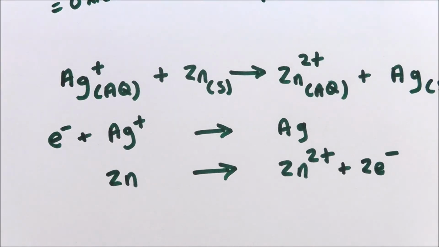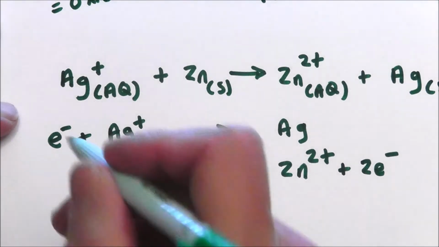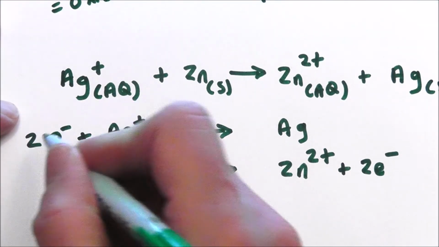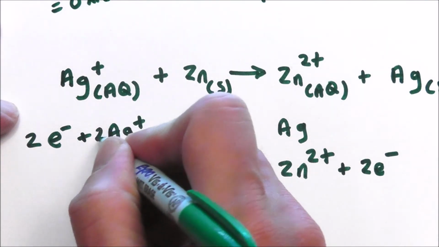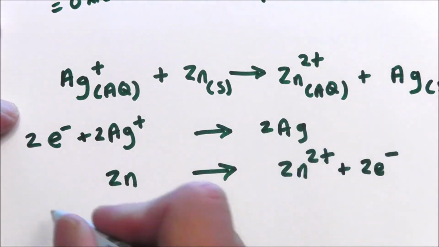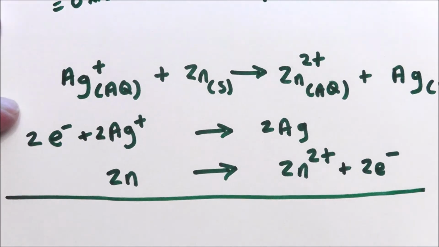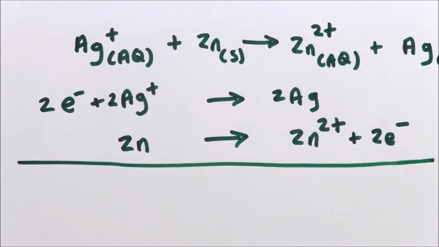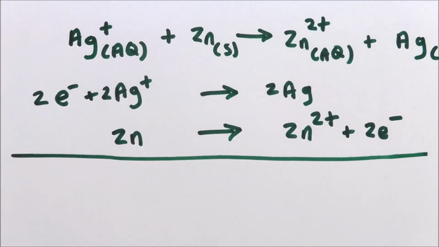what we need to do is balance the electrons so they cancel, because there needs to be an equal number of electrons gained as lost. So in order to do that, I've got to multiply the top reaction by 2. And I can't just multiply the electrons by 2. I've got to do it through everything. And we add this together. Now it'll be balanced, not just in terms of atoms, but in terms of charge, right?